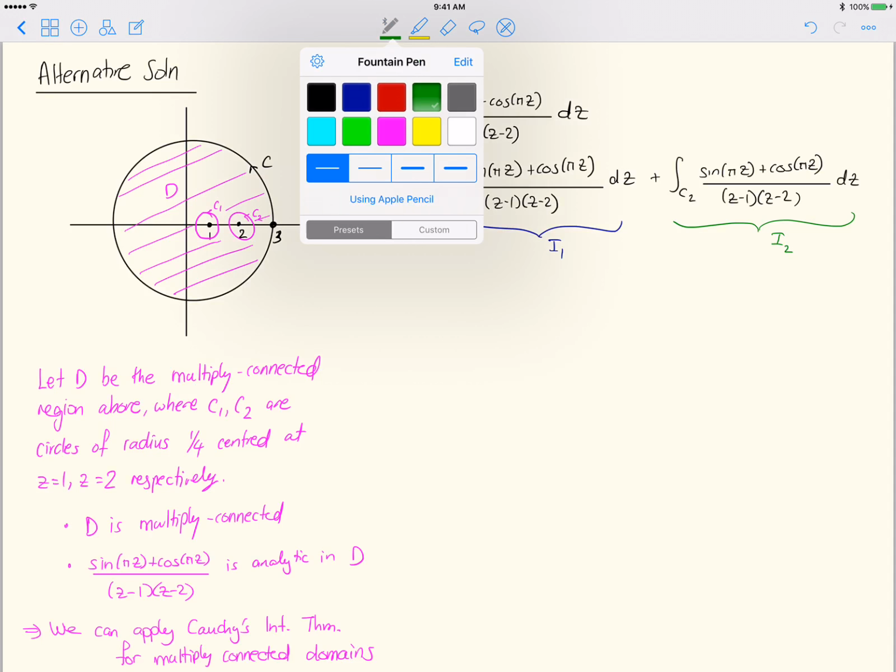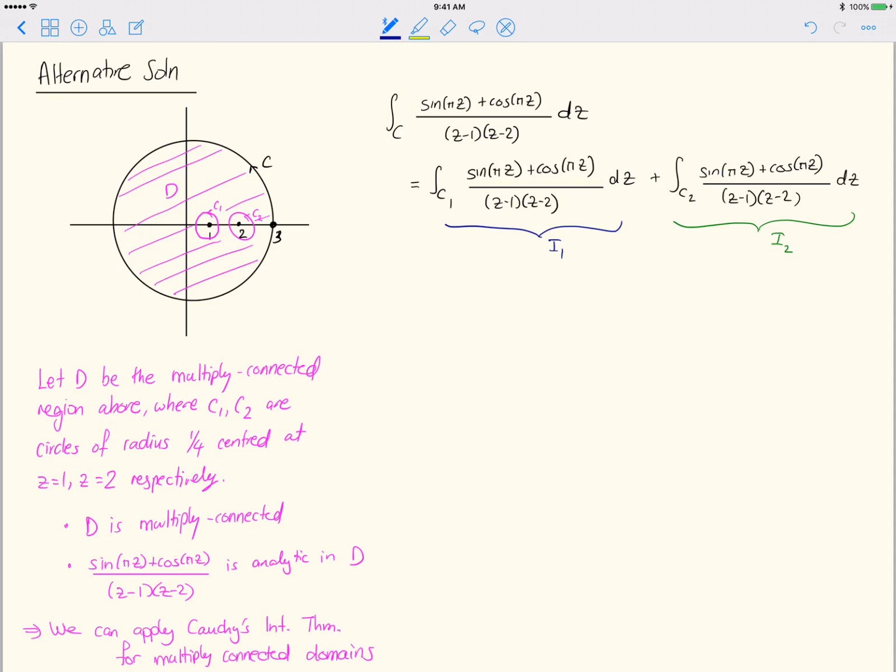So in the case of I1, let f1 of z be equal to this function, with z minus 2 in the denominator.